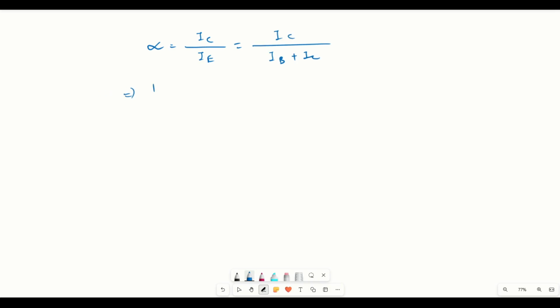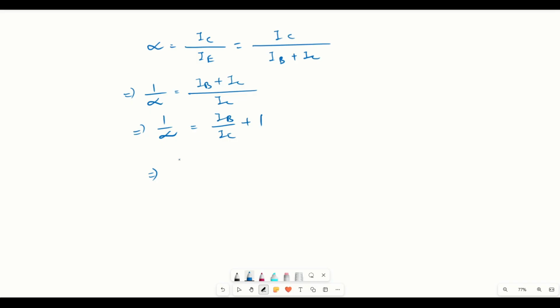Now if we take 1 by alpha, the numerator and denominator change position, and this is given as IB by IC plus 1, which is 1 by alpha.